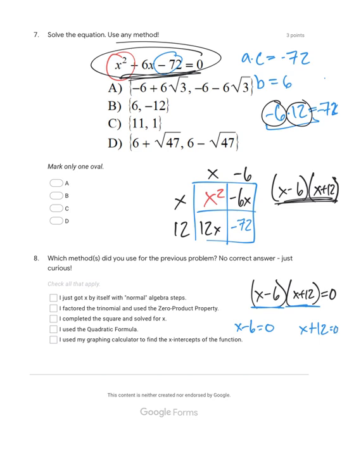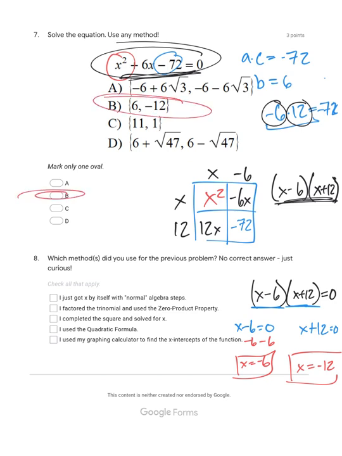Then I need to solve for x both times. Plus 6, I get x equals 6. There's one solution. x equals negative 12 over here. There's the other solution. Okay, so my two answers are 6 and negative 12. So my answer is B.